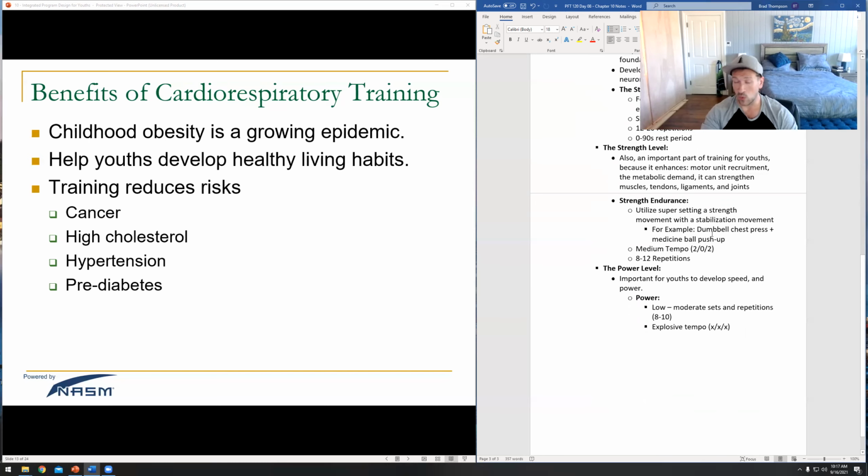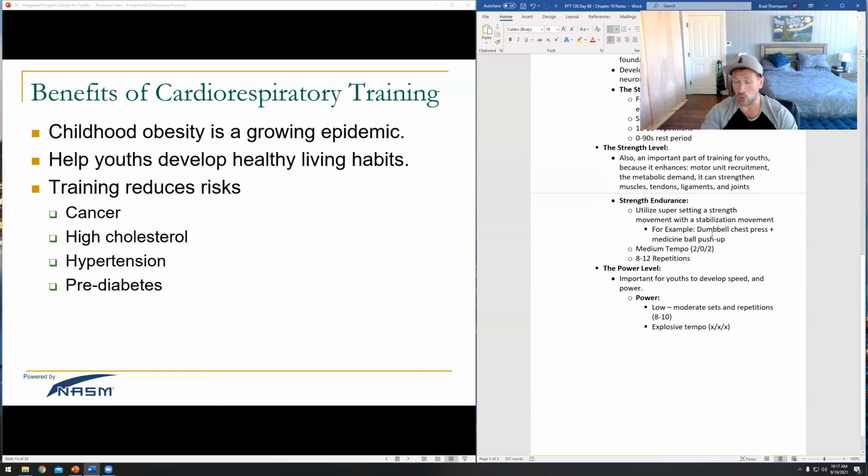So instead, you would just do the medicine ball chest pass all by itself. If you did want to do the superset, you would do it at the 8 to 12 range like in strength endurance. So you would do 8 to 12 reps at a medium tempo, and then superset that with something explosive. You can do that, but you don't have to. With youths, it's really just about being explosive all by itself.